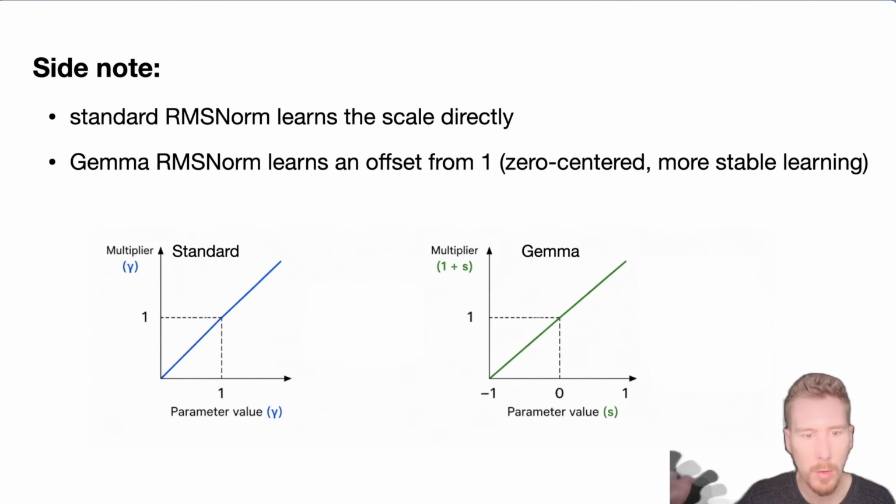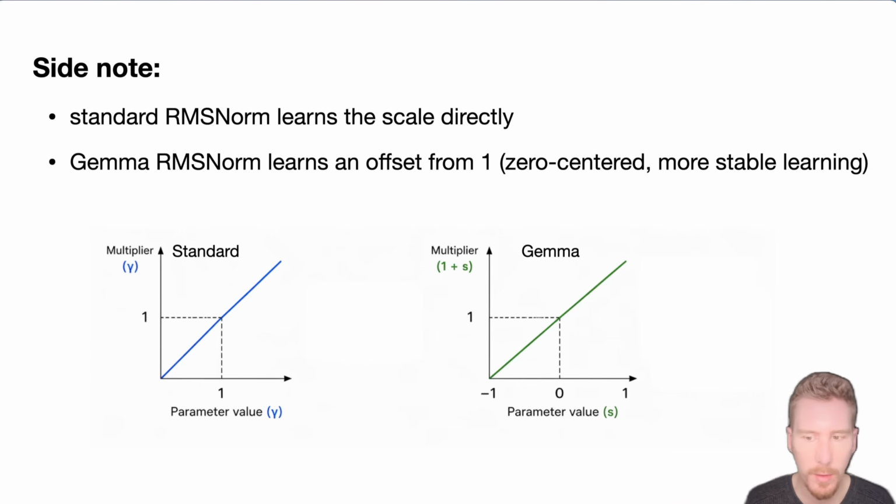And this is a learnable parameter that is learned during the training. And in the case of the Gemma RMSNorm, it gives you the same results at initialization, but they have this 1 plus s term. So in this case, they are setting s to 0, and then you still have this multiplicative factor, RMS times 1 plus s.